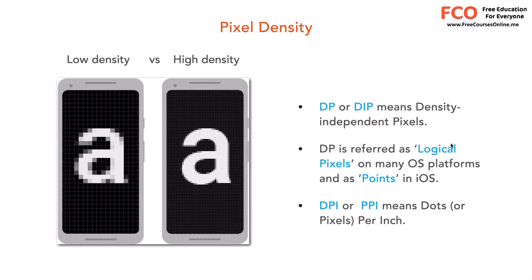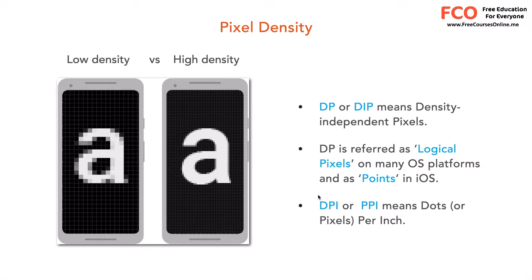For example, on web you would call it logical pixels, on iOS it is called points, and on Android it is called DP. The actual pixel size is much smaller, and you are tightly packing them and calling one logical unit, which may contain more than one pixel.